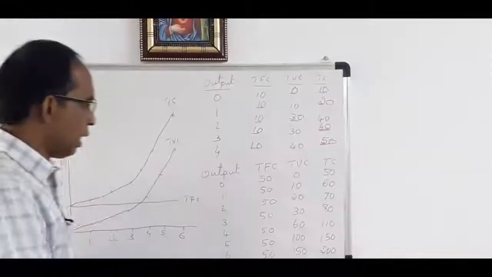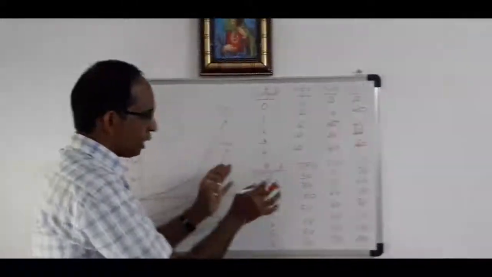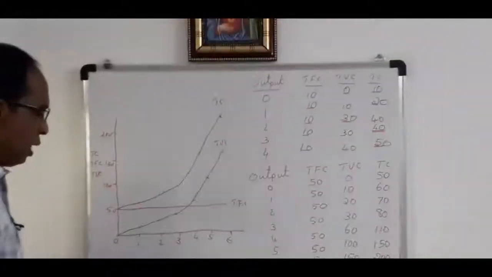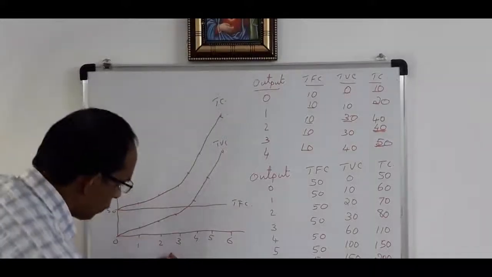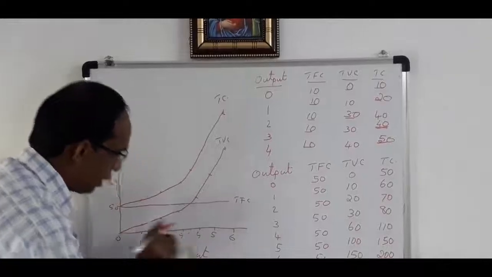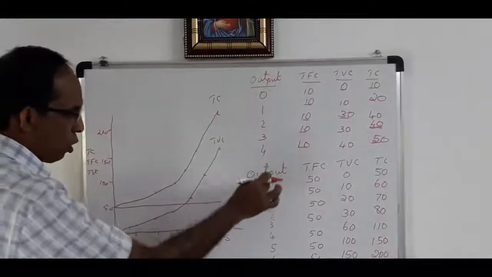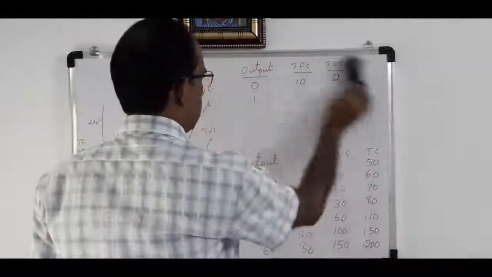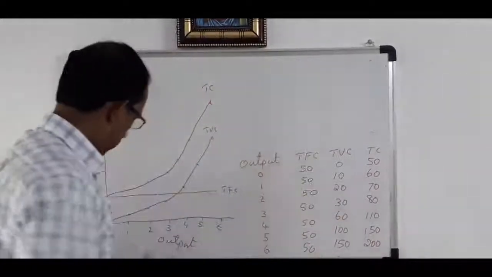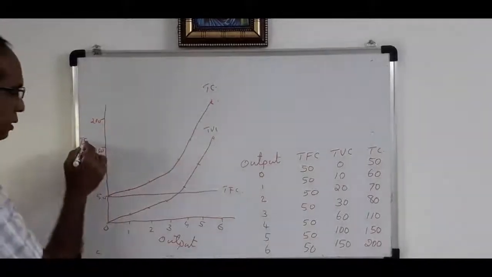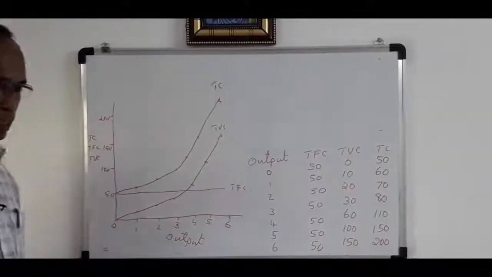Now let us see how we can show the relationship between TFC, TVC and TC with the help of a graph. In the x-axis, level of output is given: 0, 1, 2, 3, 4, 5, 6. And on the y-axis, TC, TFC and TVC.